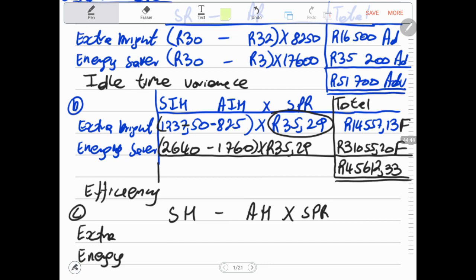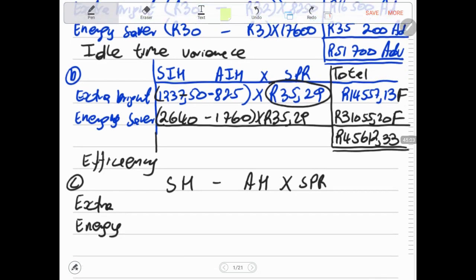So now, even if you look at the productive point of view, you still get to the same figures. But I decided to focus on the idle time because people sometimes get confused when we do it from the productive time instead of the idle time. So I've done this variance using the idle time figures in terms of hours.